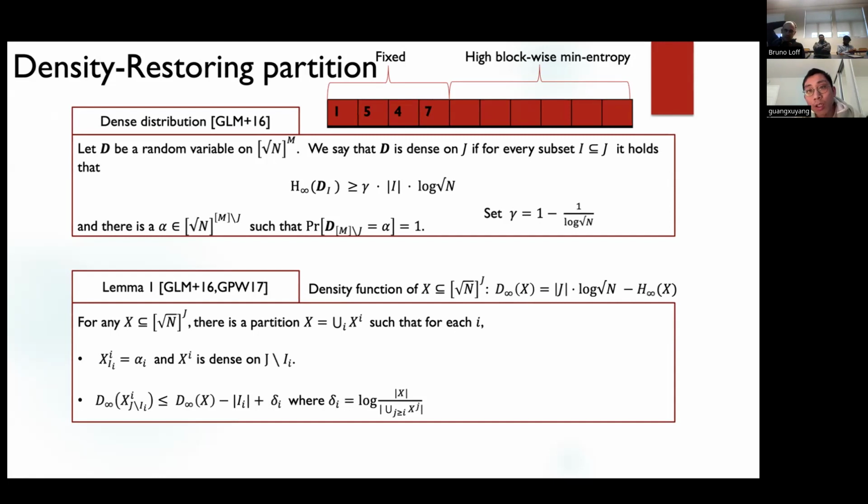Yeah, so for any two correlated parts in this block, this is the condition, since there is a high min entropy.